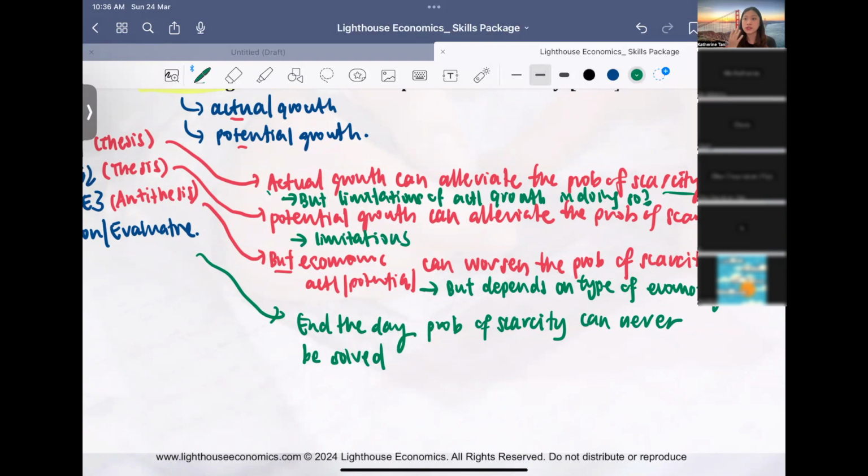So it means that the government has a lot of policies in place to make sure that the poor still get the effective demand by helping them. So that's kind of how you evaluate. You understand? So at the end of every paragraph, you need to have just a short evaluation. Then the final one is, end of the day, scarcity can never be solved. That's why you need government policies, something like that. Okay.